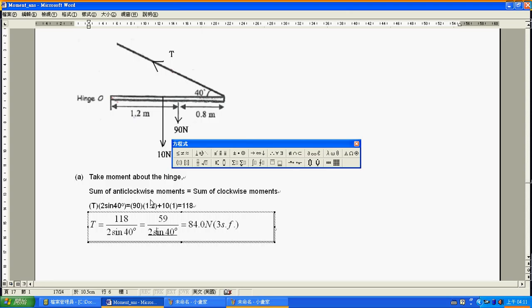So that's 59 over sine 40. So 59 divided by sine 40. So it's 91.8.